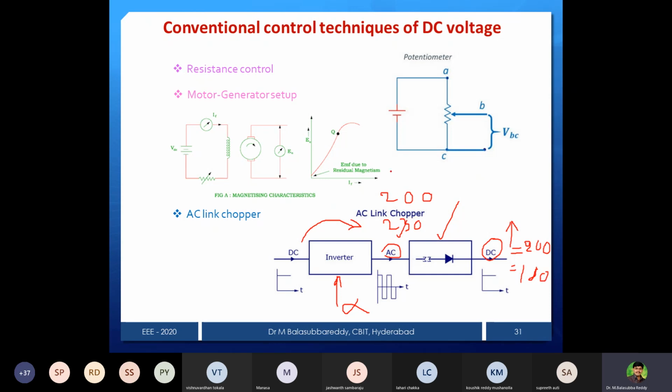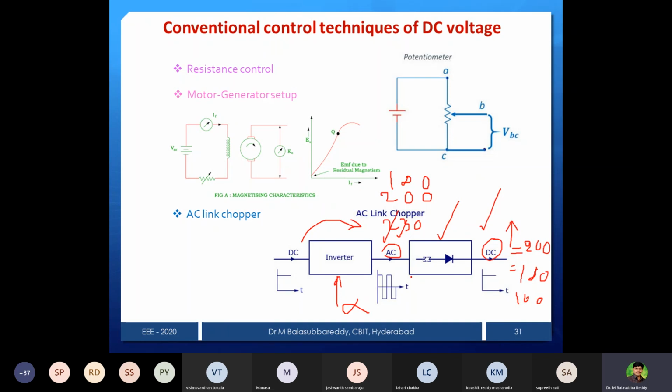And if you change alpha to 60 degrees, there is 180 volts, then this may be 160, like that. These are not exact values. By changing alpha, you will get a variable AC, and that AC is input to the diode rectifier, so automatically the output is controlled.